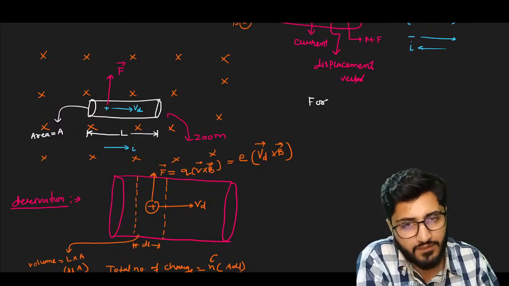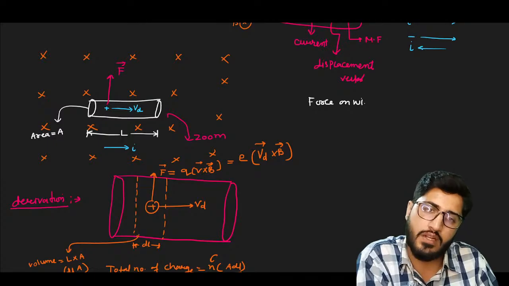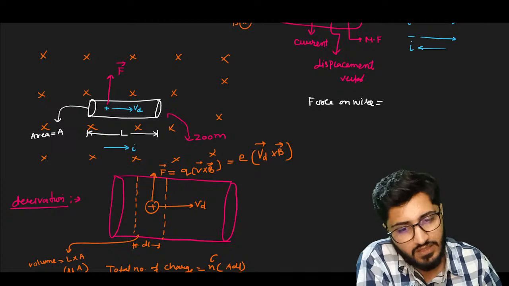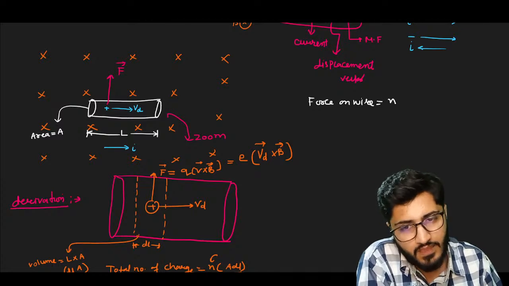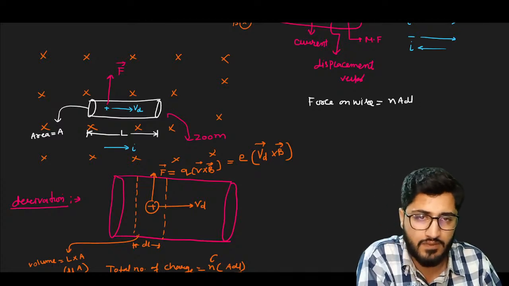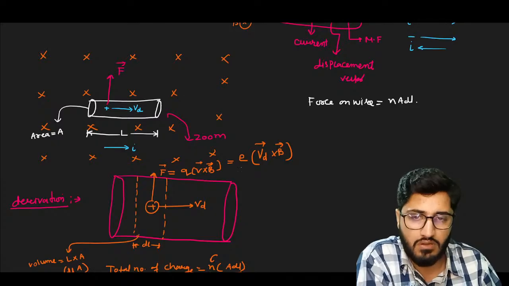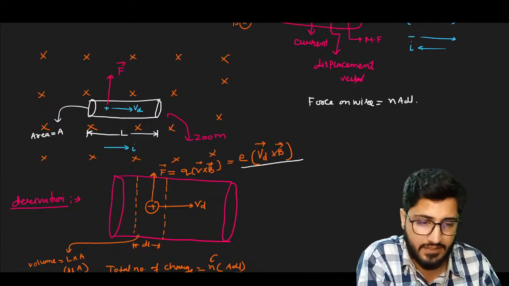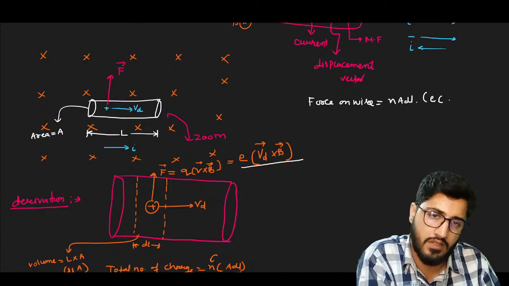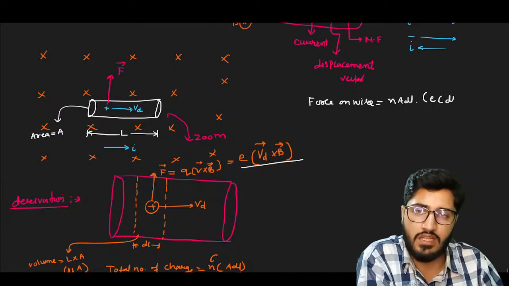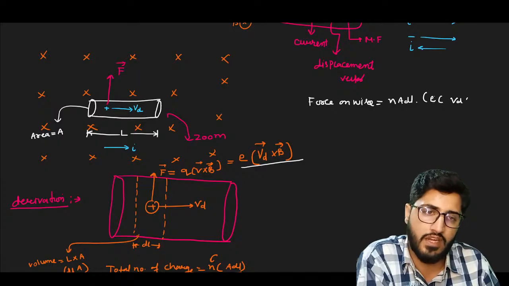Force on wire equals to number of charged particles, that means n A dl, then force on one charged particle, is it e Vd cross B.